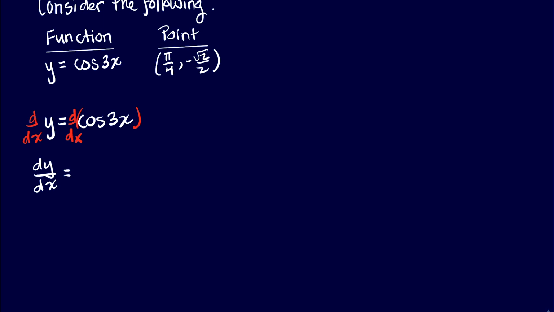And on the right side, the outermost function is the cosine of something, right? So the derivative of the cosine function is negative the sine of something. And then we're going to have to continue to differentiate with respect to x of whatever the angle is.